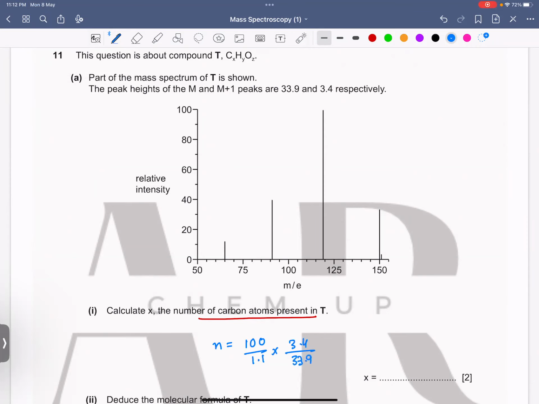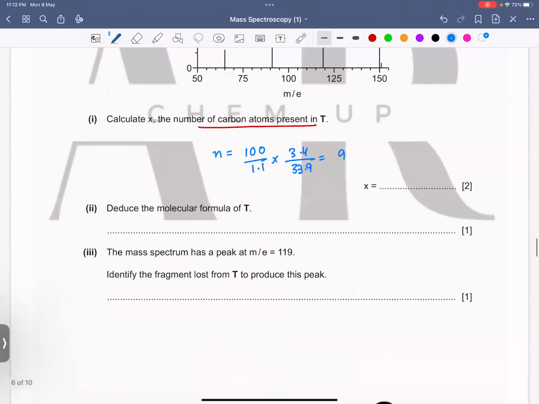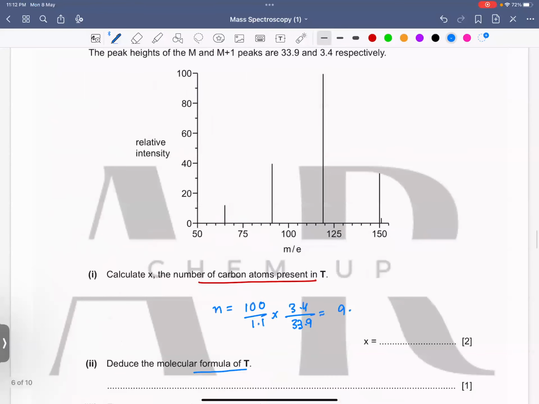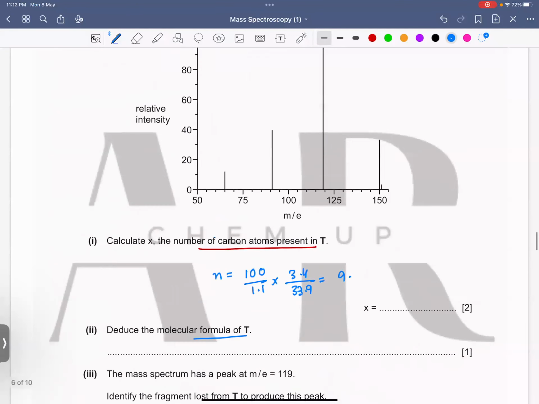Can anybody tell me the answer, please? 9.12. So 9.12 would be rounded off to 9. So there would be 9 carbons.